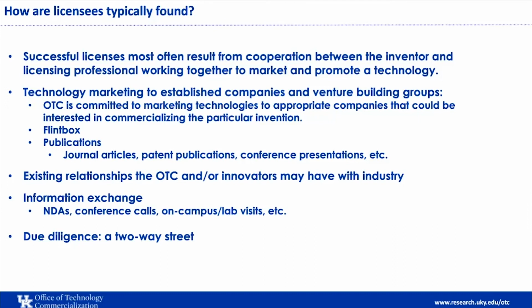Our office is committed to marketing technologies, and this would be in the instance, of course, where sometimes the investigator is an entrepreneur and will let you know at the outset, or perhaps you already know, that the university investigator has interest in forming a company. If they're not interested in becoming an entrepreneur or continuing to be, we support that as well.